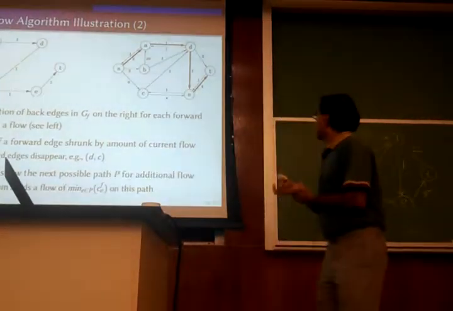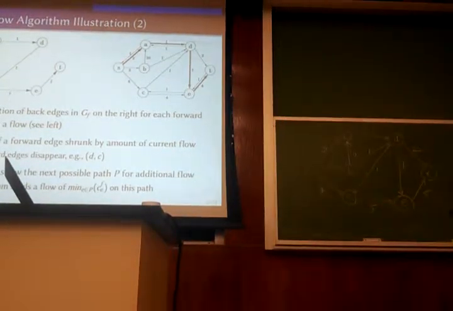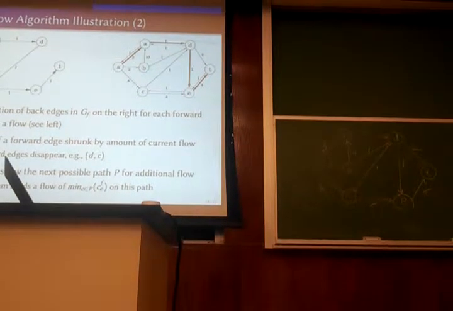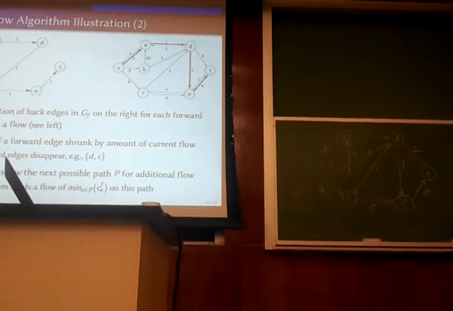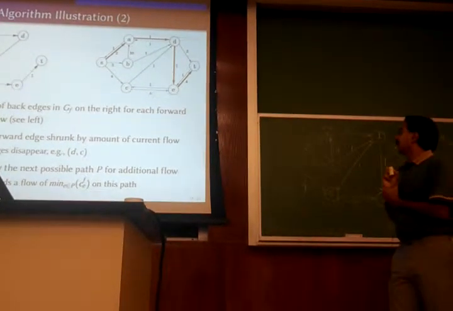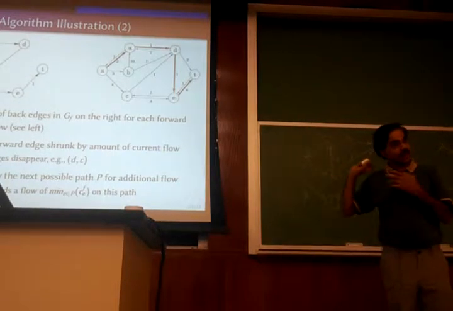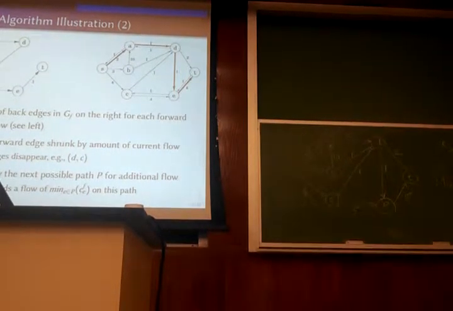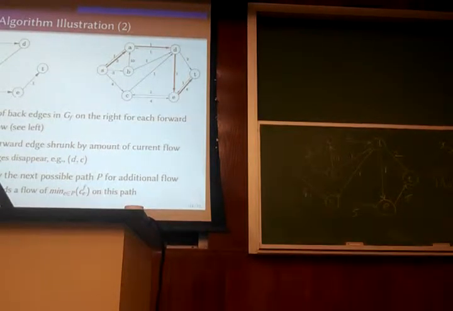Now we pick another path. Okay? Once again, it could be any path, but let's assume that you are picking the path that goes from S to A, D, E, and T. Okay? And again, you have a directed graph where there are both forward and backward edges, right? So when you pick a path, in some cases you might end up picking a backward edge, right?